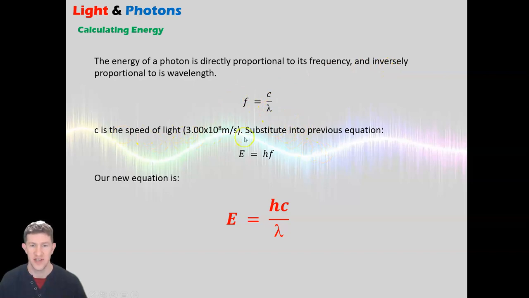If we substitute c as the speed of light into the earlier equation, E equals hf, we end up with E equals hc on lambda, because we're talking about a photon, so it has the speed of light in there. So this is the energy of a photon, given by Planck's constant, the speed of light, and its wavelength.